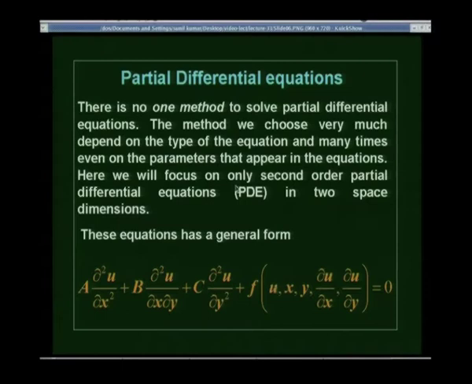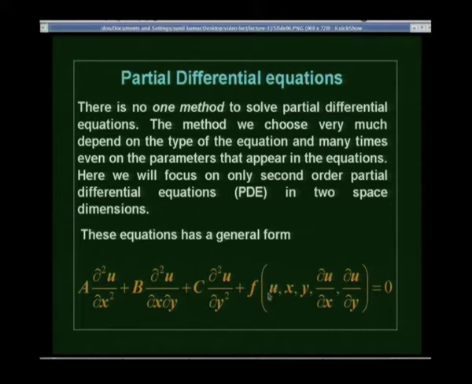For example, here is a general partial differential equation. There is a function variable u which is what we want to find, and u and its derivatives. So if you want to solve this equation, what we mean by that is we want to find u as a function of x and y. So x and y are both independent variables.